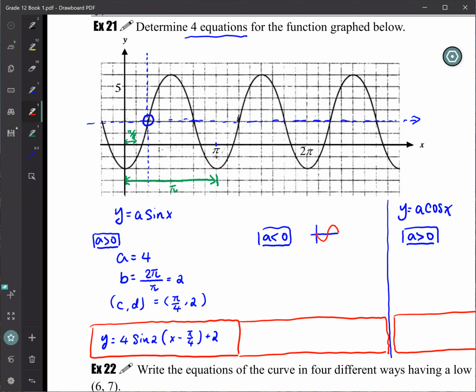So where is the starting place? Where do you think we should put the y-axis? So it will look like that.